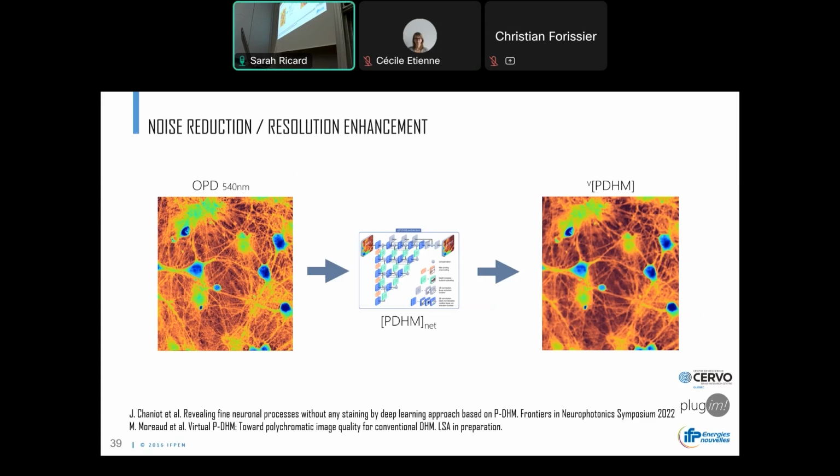We make a hard effort to construct the database, and we define an architecture that is the best possible to mimic exactly the denoising capability of this method. It's why we call it virtual PDHM, and it provides some very interesting results.